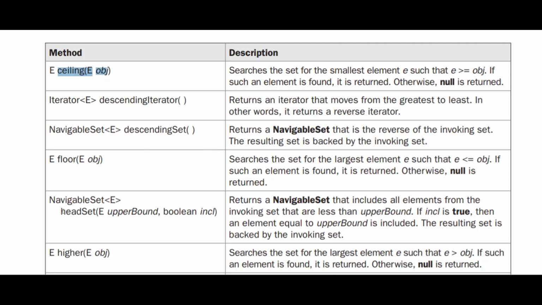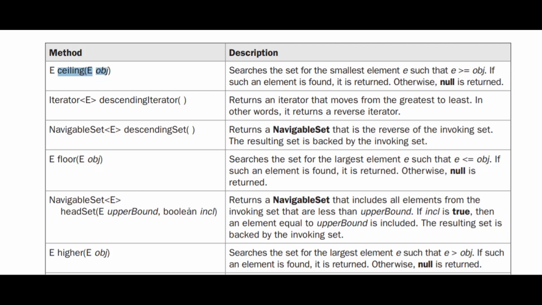Similar to the set interface, here also we have the headSet. The headSet method is passed the upper bound and one boolean variable, that is the inclusion. It returns a navigable set that includes all the elements from the invoking set that are less than this particular upper bound.